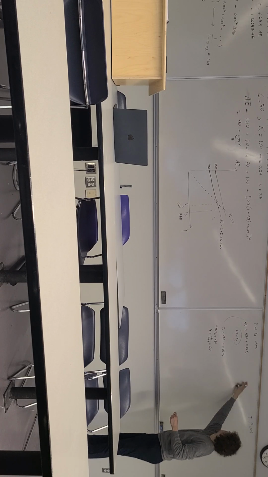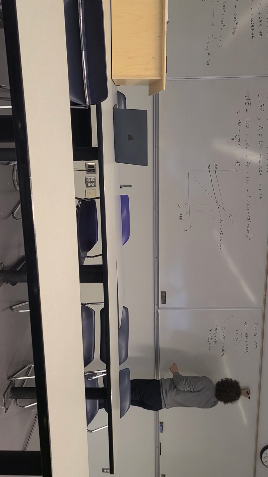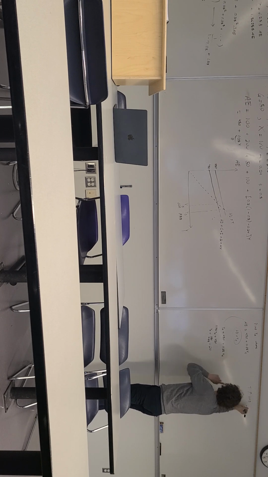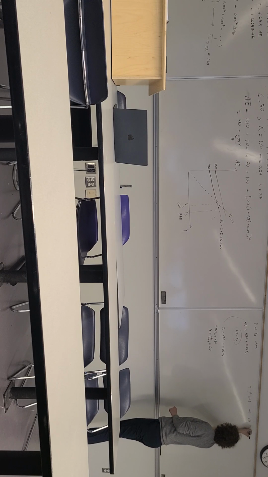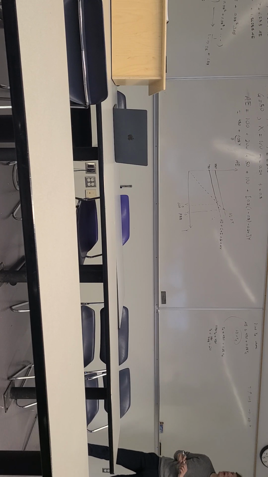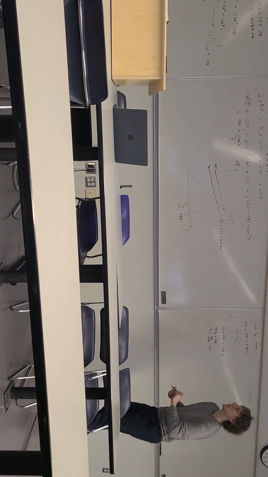And then that's going to go like this, right? So if taxes go up by $100, that means consumption is going to decrease by the marginal propensity to consume, right?